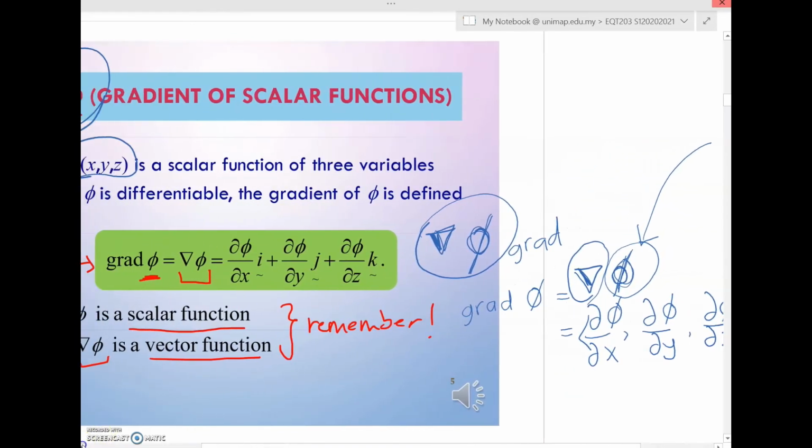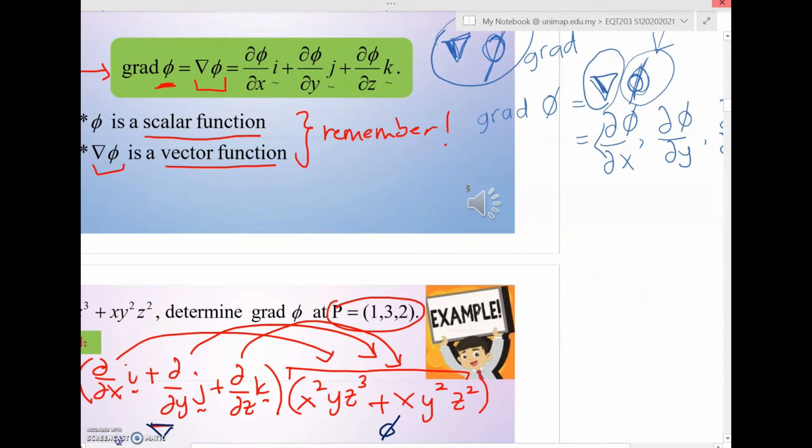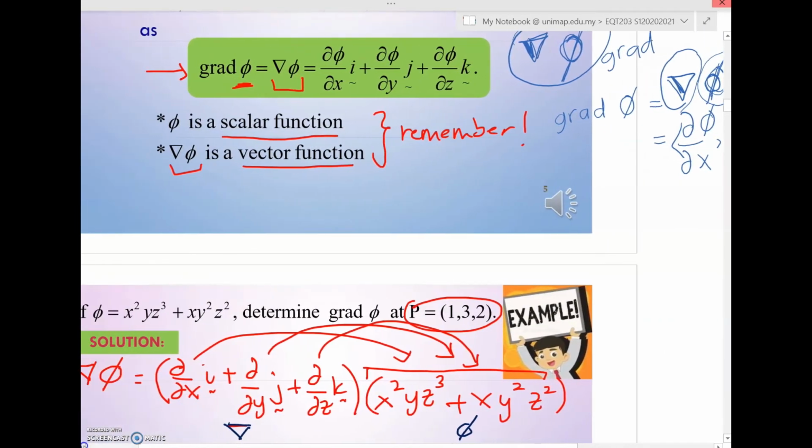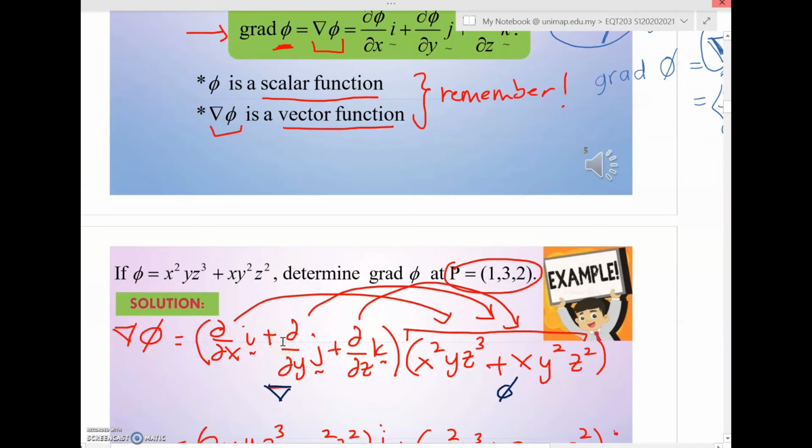So let's say your scalar function phi is given by x square yz cube plus xy square z square. So this is a scalar form. You don't have i, j and k components. So this is a scalar.